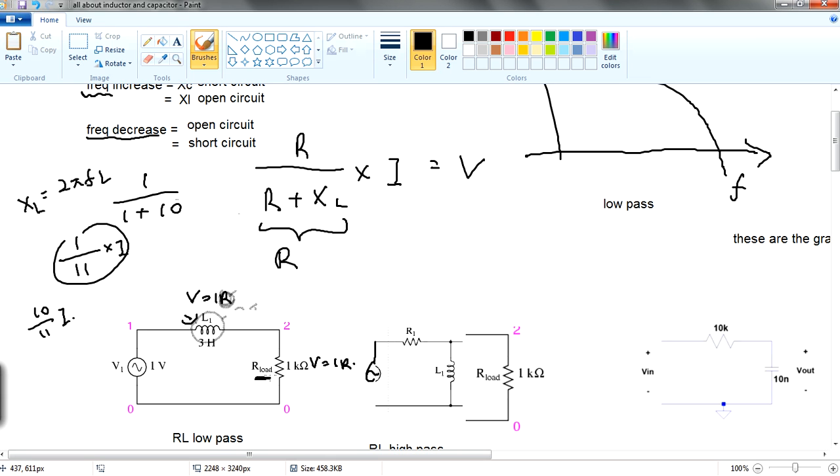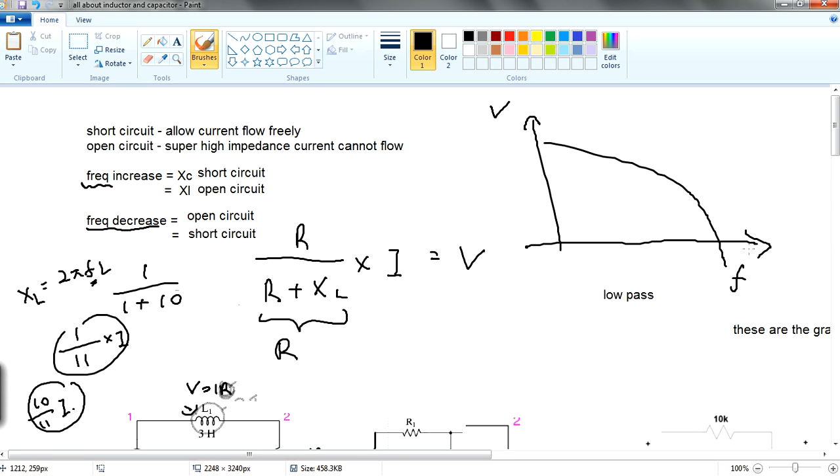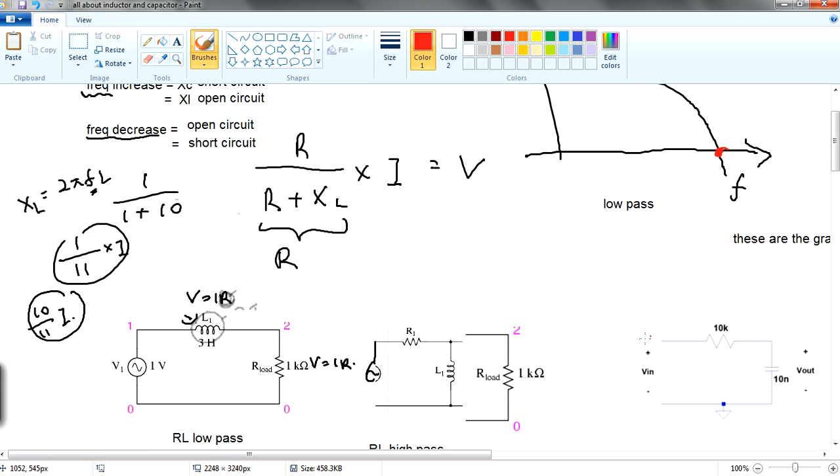Your R load is the one where you connect whatever, like your rice cooker, so this is where you connect your load. As you can see, if your frequency increases, your inductor is going to eat up a lot of voltage, and the voltage at your R load is very minimal.